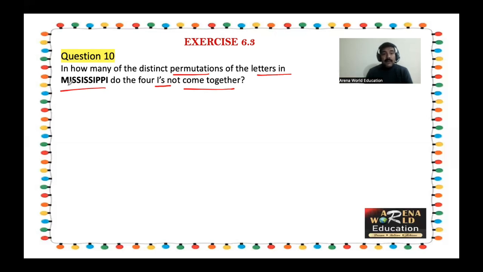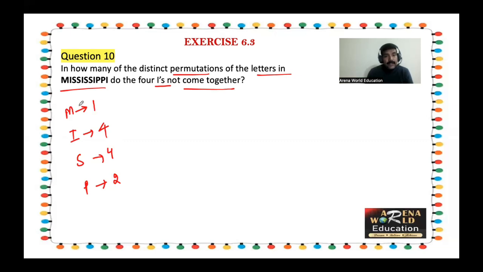So here, first of all, if we see this one, so many letters are repeating. So let us check M. M is only one time. If we talk about I, so I is 1, 2, 3, 4, 4 times. And then S, 1, 2, 3, 4, 4 times. And if we talk about P, it is 2 times.